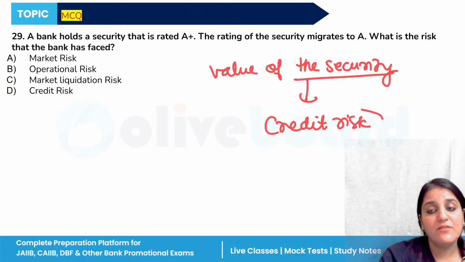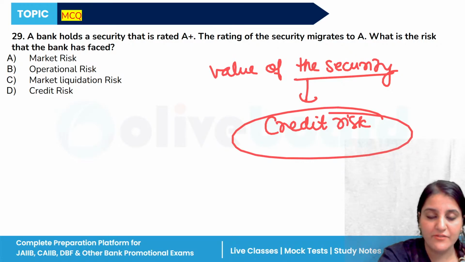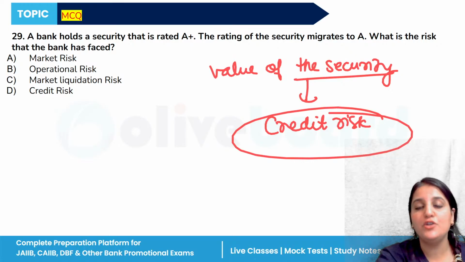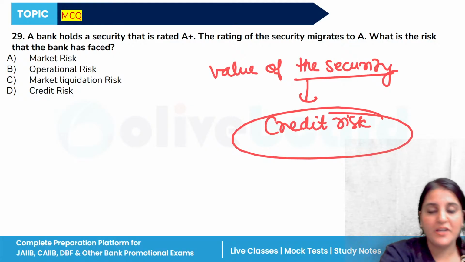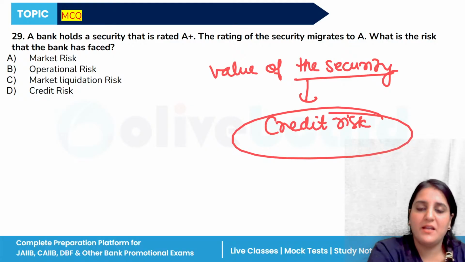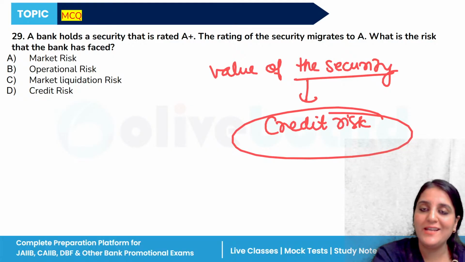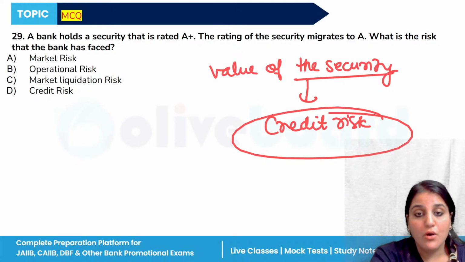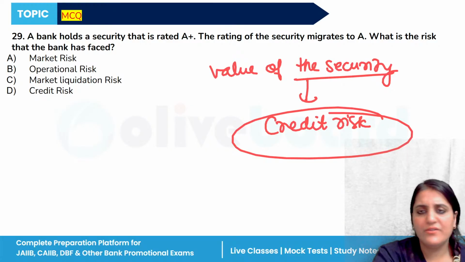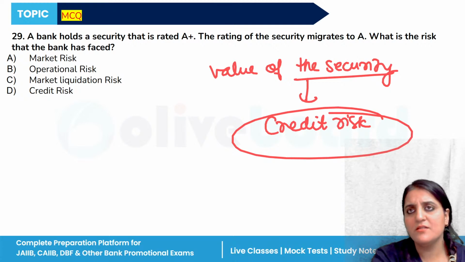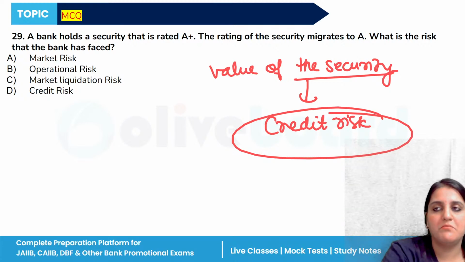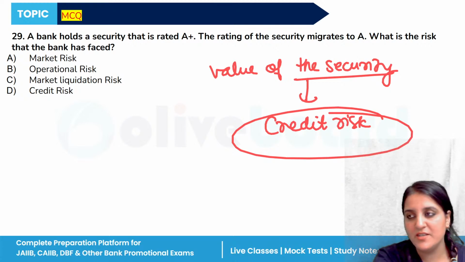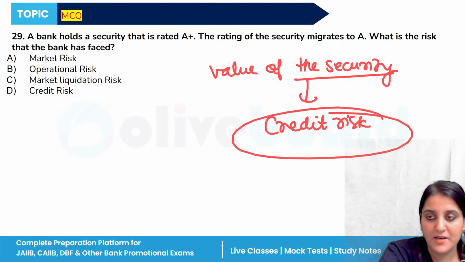And we know that credit risk is that risk in which a borrower fails to repay the payments or fails in meeting the obligations. So basically credit risk is the risk of loss due to the deterioration in the creditworthiness or default of the counterparty.